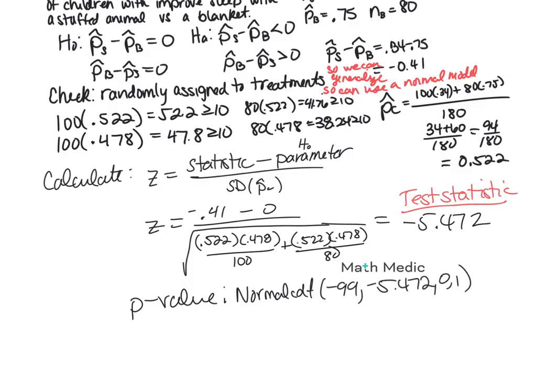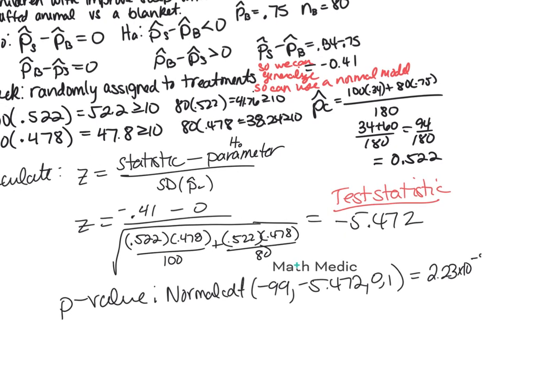And I only multiply by 2 when it's not equal to, and that's not what I have. So we're going to just keep what I get. And it's going to be pretty small. 2.23 times 10 to the negative 8. Don't ignore the calculator when it says e negative 8. That means times 10 to the negative 8 power.